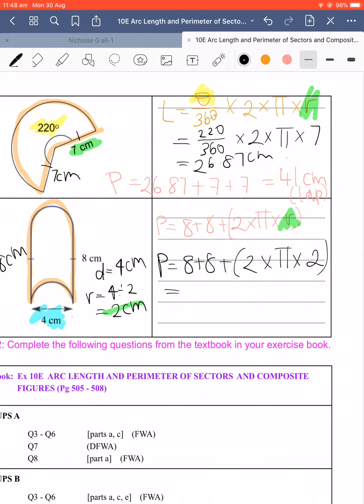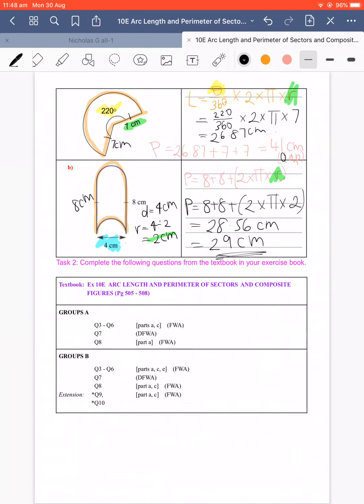When I put this into the calculator, I end up with 28.56 centimeters, and we're going to do it to the nearest centimeter, so we end up with 29 centimeters. Sorry, this is 0 decimals. Okay, and we are done. Hopping on to your questions now.